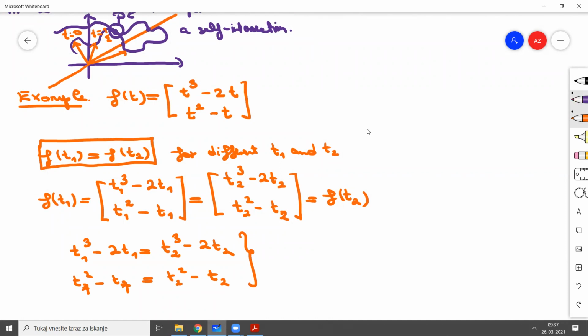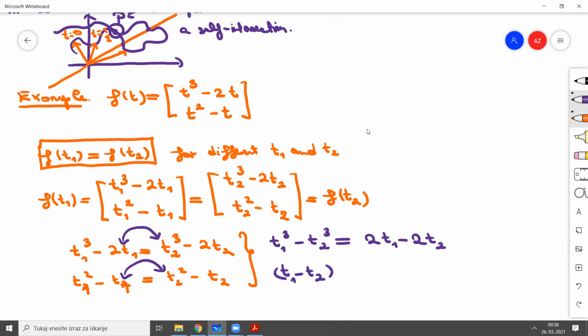So you see, if I switch those two terms, what I get is t1 cubed minus t2 cubed. I don't say that this is the only way to solve these two equations, but this is one of the ways. And you see, on both sides, I can now factor out t1 minus t2.